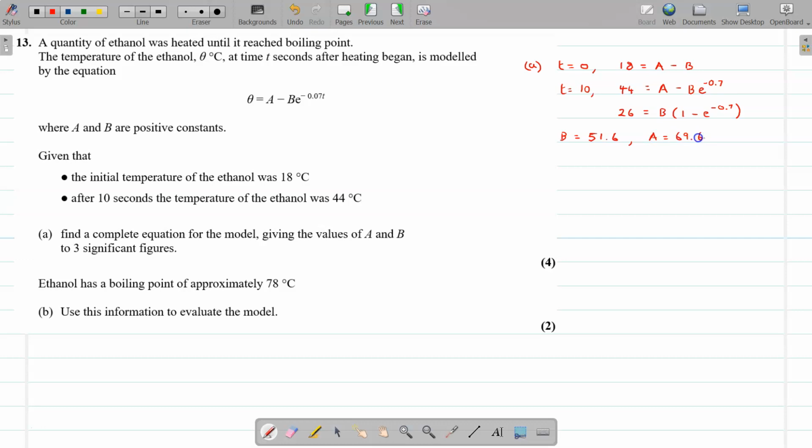Okay, and both of those are given to three significant figures. So that's where I've got to so far with that.